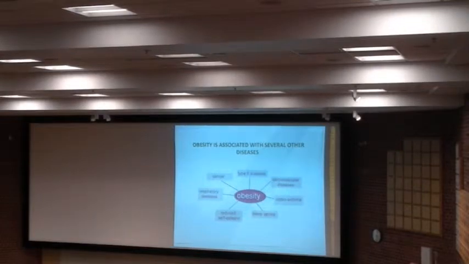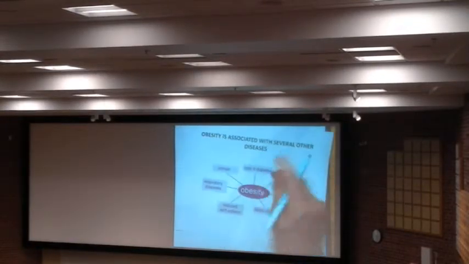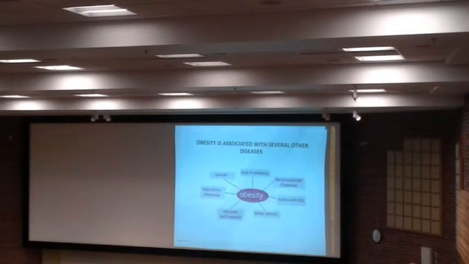Today, we're going to spend a lot of time talking about particularly the link between obesity and diabetes. We will see that the medical cost of obesity right now is already hundreds of billions of dollars.